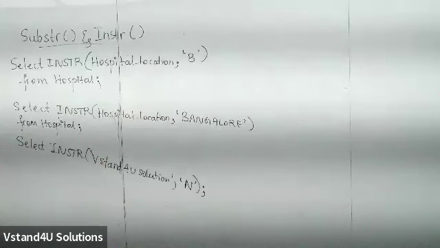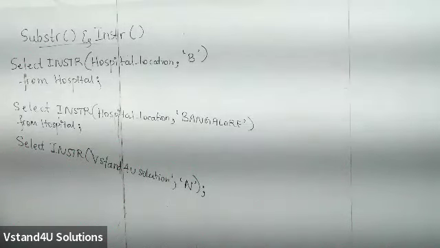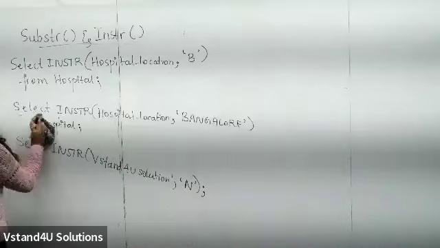See, if you clearly observe, you have both substring and instring in this. From the substring hospital location, you have to get to know the position of B by using the instring function. How will you write the query? My dear students, how will you write?